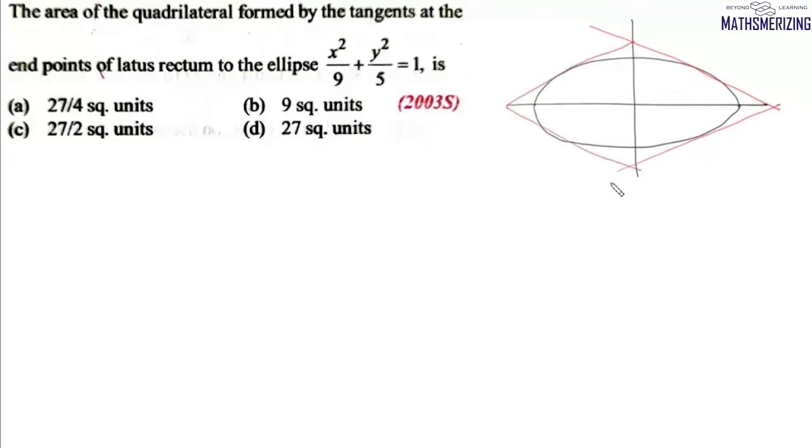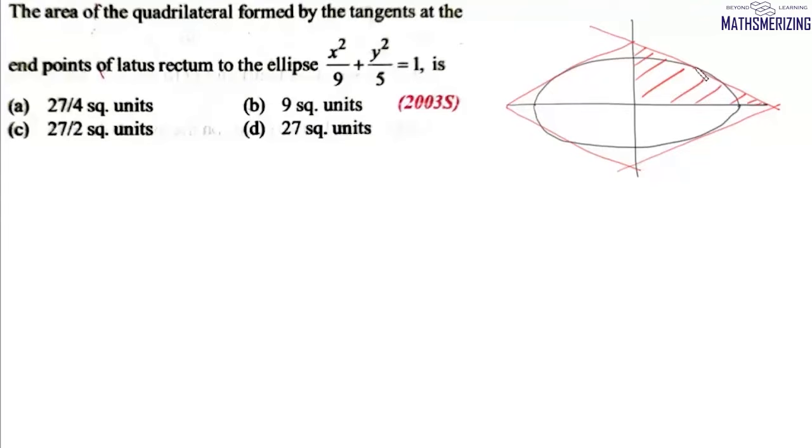We need to find the area of this quadrilateral. Now from symmetry we can say that the area of this quadrilateral will be 4 times the area of one triangle. So we'll find the area of this triangle in the first quadrant and then multiply it with 4 to get the area of this quadrilateral.